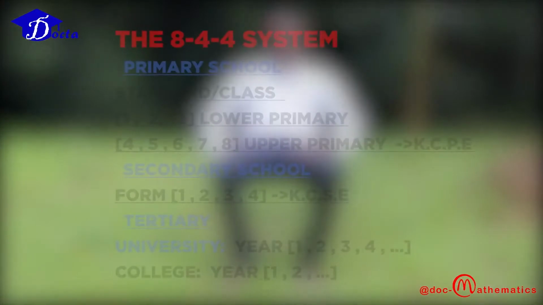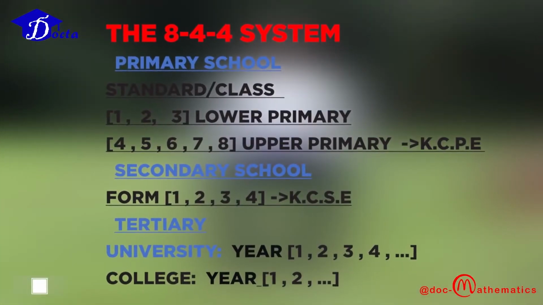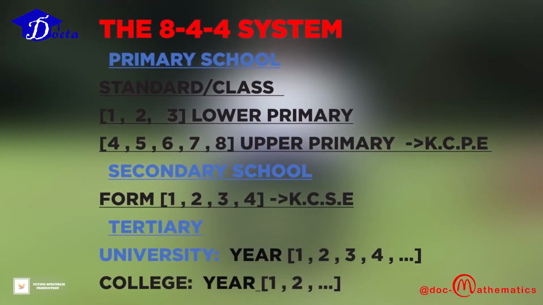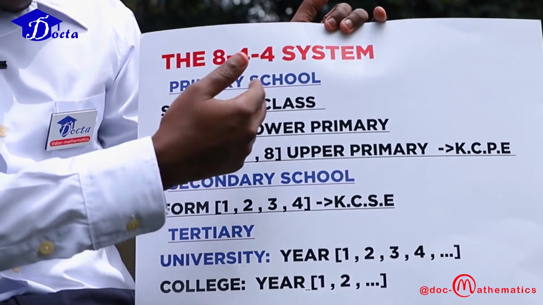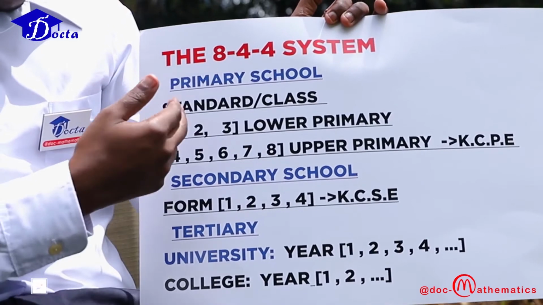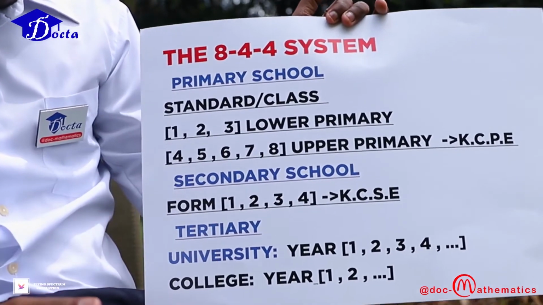Now, looking at the Kenyan system of education, which has always been the 8-4-4 system up until a rethink in the recent years, this being the year 2020, this is how it has always been. So there is primary school. Here we talk of standard or class. So you can be in standard 1, 2, 3 or class 1, 2, 3.